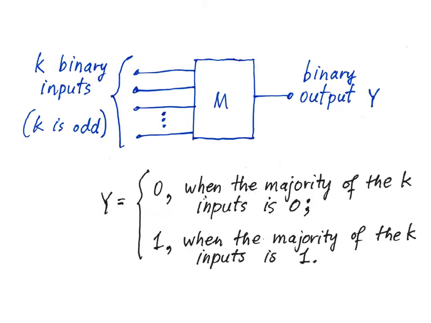The way the gate works is y is equal to 0 if the majority of the k inputs is 0, and 1 when the majority of the k inputs is 1. So it simply measures what symbol am I seeing most of at this odd number of inputs. There will never be a tie because the number of inputs is an odd number.